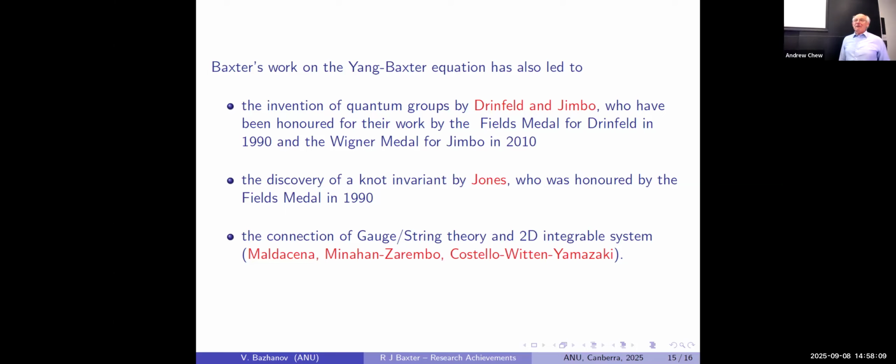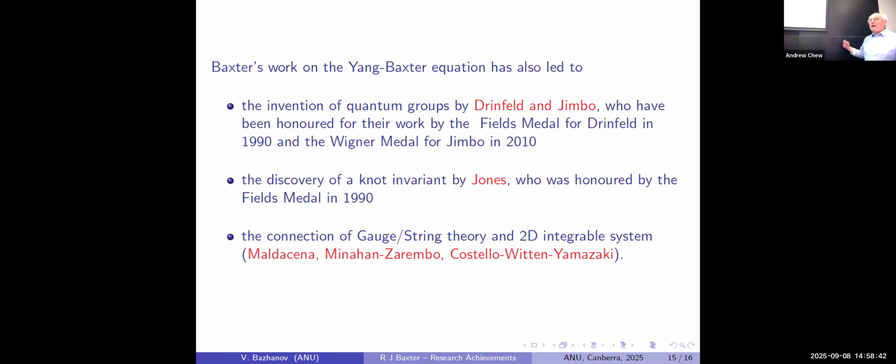Also the discovery of invariants of knots and links by Jones, for which he was honored with a Fields Medal, and the connection of gauge and string theory to two-dimensional integrable systems. There are many authors, and I hope we will hear at this conference from Witten and Yamazaki about this connection.